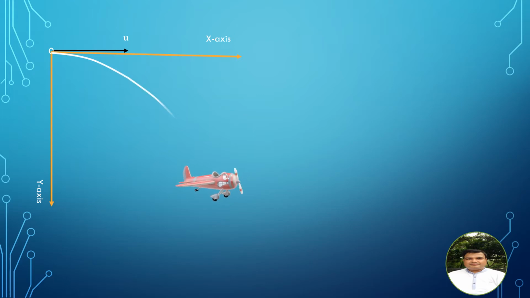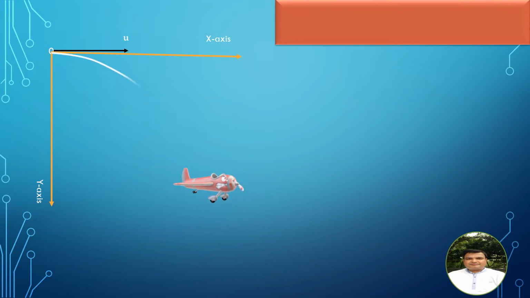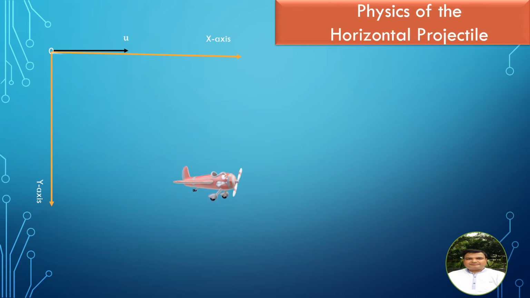Initial velocity u, which is acting horizontally in the x-axis, is pulling the aeroplane in the forward direction, whereas acceleration due to gravity along the y-axis pulls it in the downward direction.